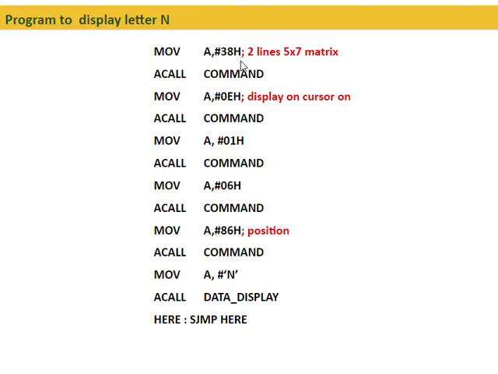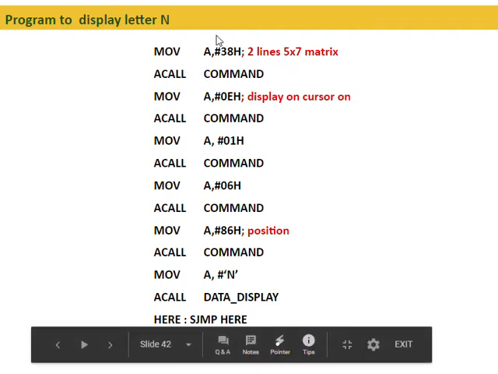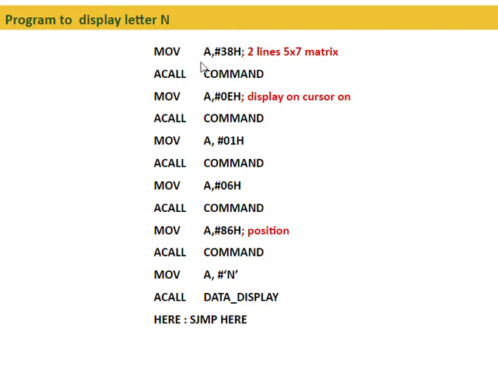So the first step is to store the command into the accumulator, and then you can call the command subroutine. So MOV A, #38H will load this command into the accumulator. Then you can call the command subroutine, ACALL command. Now in the command subroutine, the ready subroutine will be called, and when the LCD becomes ready, this command will be sent through to the data bus of the LCD, and it will be stored into the command register.